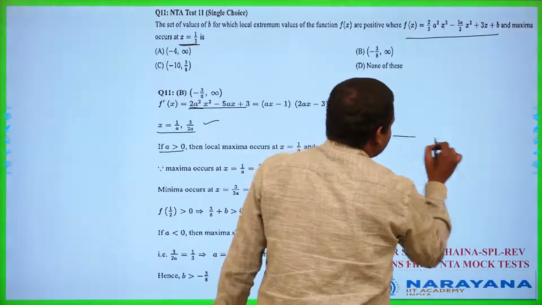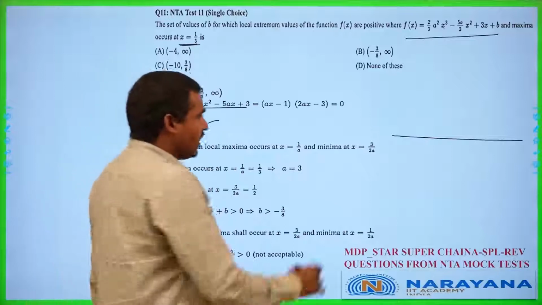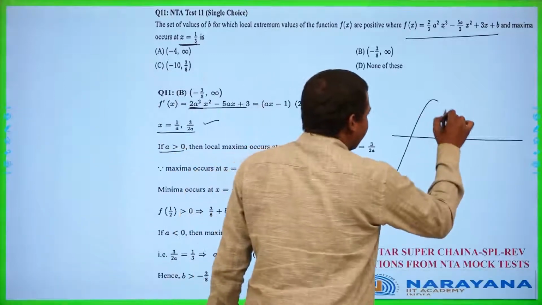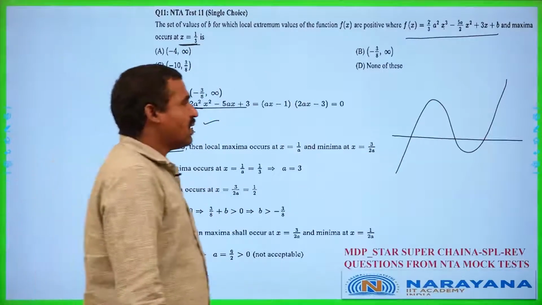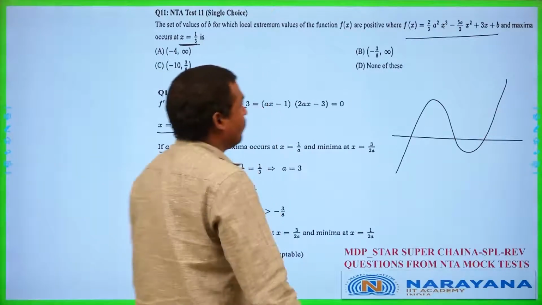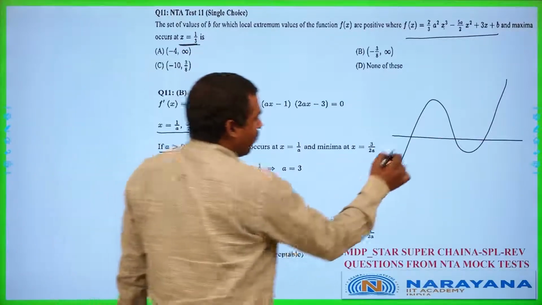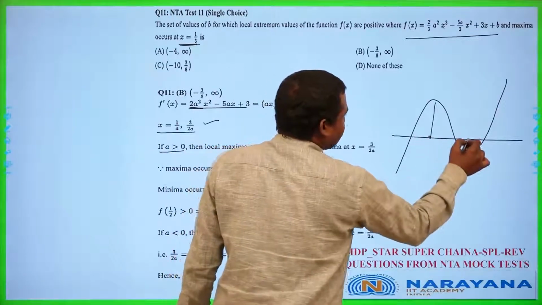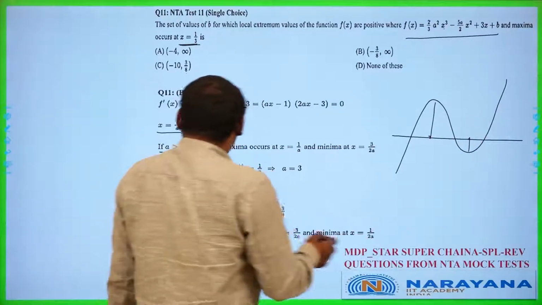In a cubic equation, if the coefficient of x cube is positive, then first it takes a maximum and then it takes a minimum, like this. So, here 1 by a is less than 3 by 2a, so at 1 by a it takes the maximum value, and at 3 by 2a it takes the minimum value.